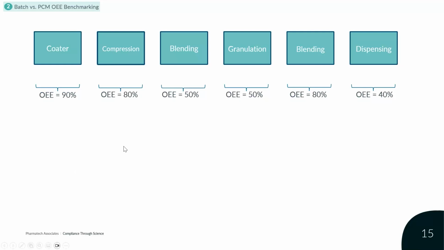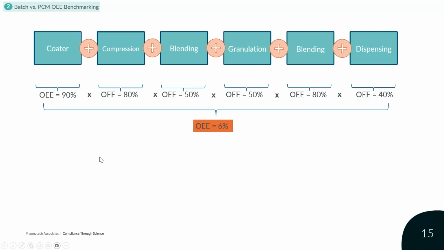You can see this, and these might not be really detailed numbers, but particular comparable numbers. So in batch operation, again, unit operations work one after the other, and this causes me to have to multiply this OEE factor, and then of course everyone can understand that the OEE over the whole process is pretty low.